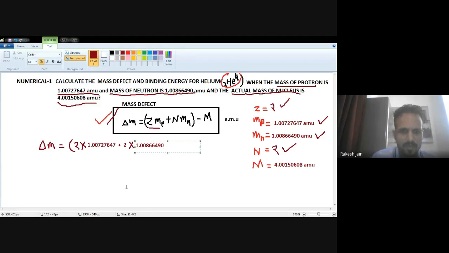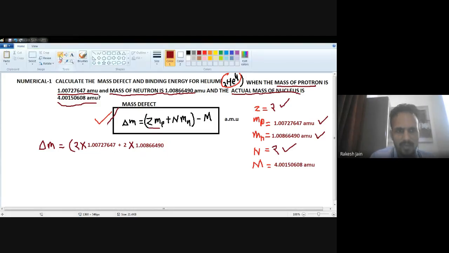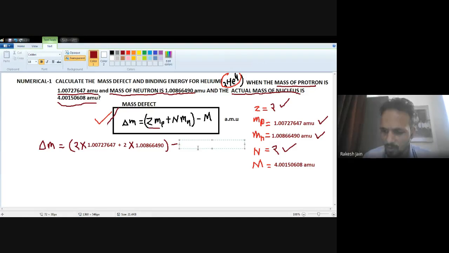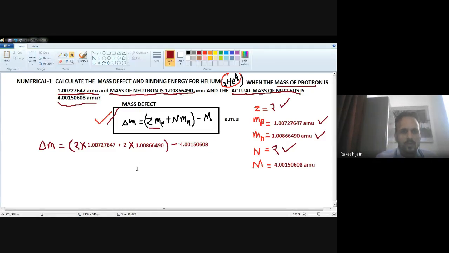Now this bracket will be closed, and this is your calculated value of nucleus minus capital M. And what is capital M? Capital M is directly given as the actual mass of nucleus, 4.00150608. By calculating all these, we can easily calculate the value of mass defect.